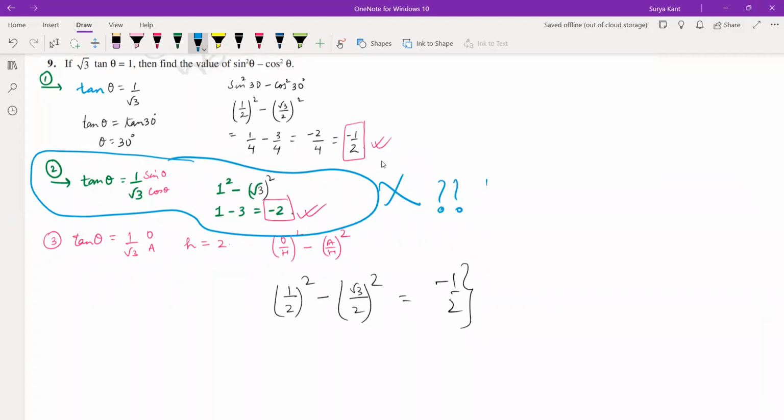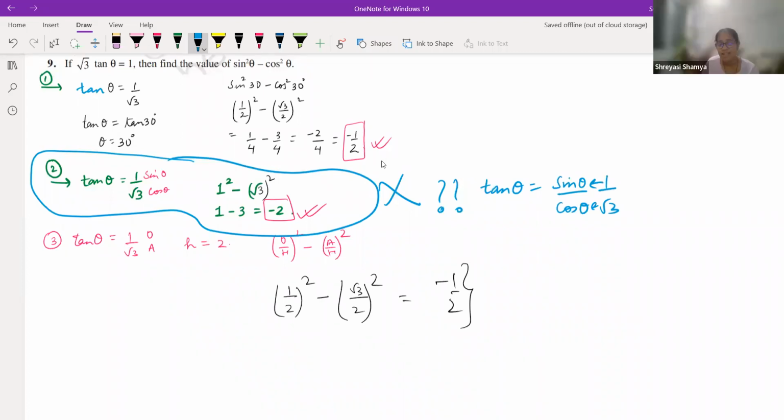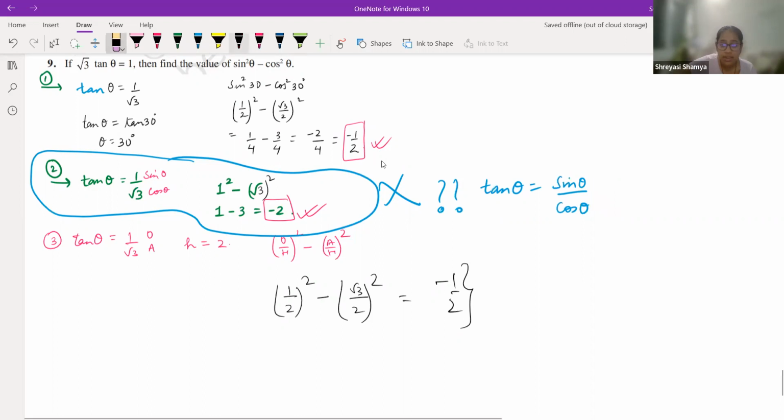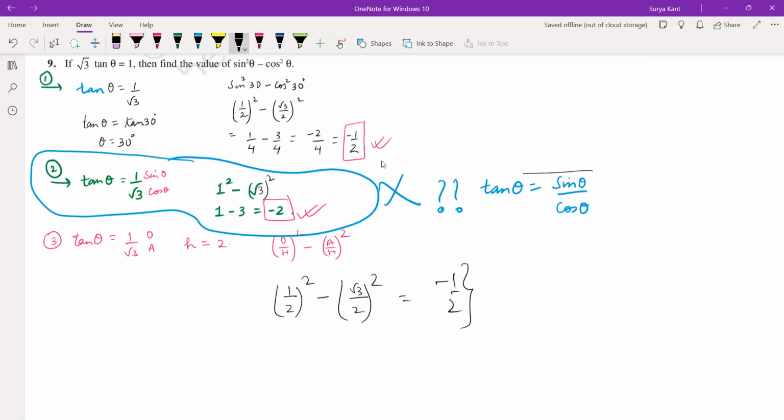So what Nitesh is telling is that for tan theta, we know the formula, no? Sine theta by cos theta, right? So whatever we write here as 1 by root 3, this is for sine, this is for cos. That is telling that sine theta cannot be 1, right, sir? For a few sums in our textbook and examples, we had to use this formula to find the other ones.